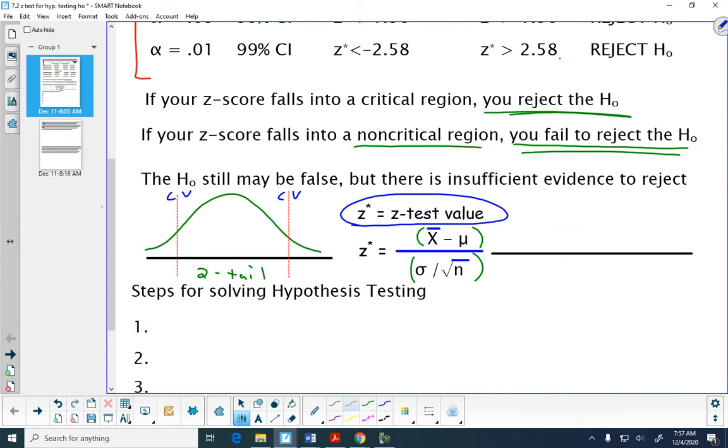And once again, these critical values come from the t-table. Whatever those critical values are. Once again, the z values, we stretch all the way down to the bottom.